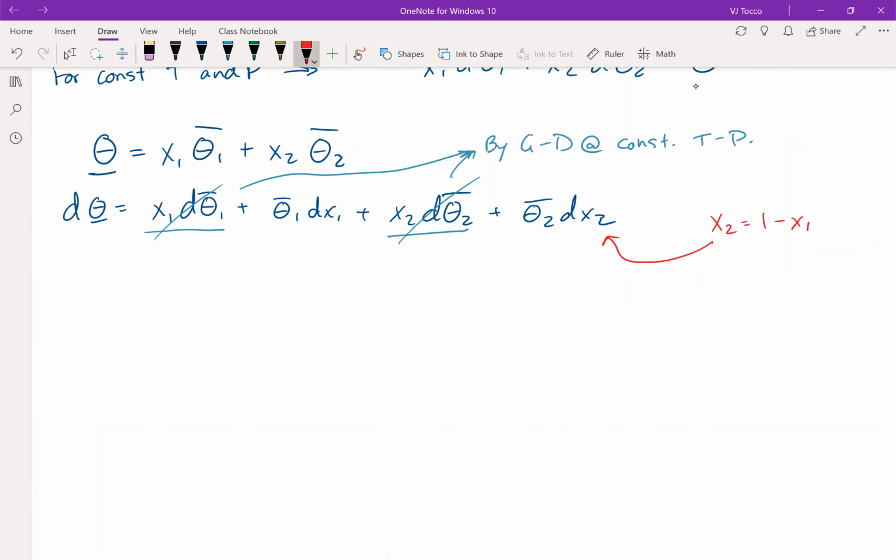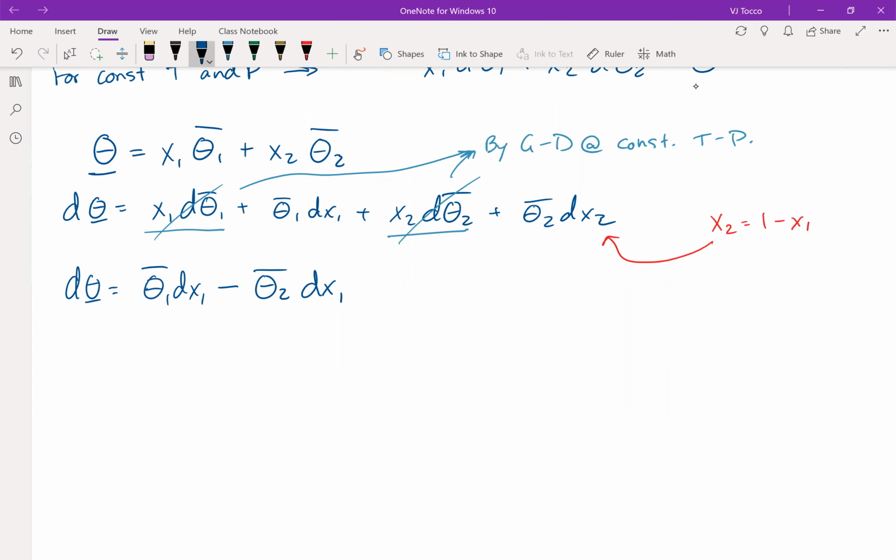So if I take the derivative of this, the derivative of a constant is just zero, and the derivative of x1 is a minus. So simplifying gives me d theta is equal to partial molar 1 dx1 minus partial molar 2 dx2. Oh, no, I simplified out for x1.